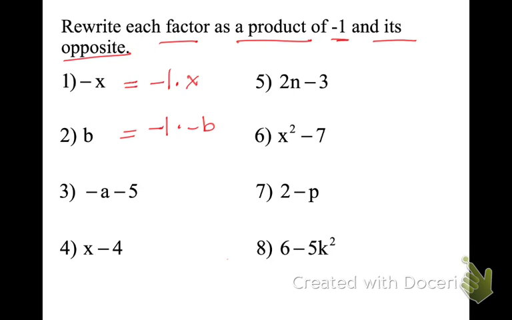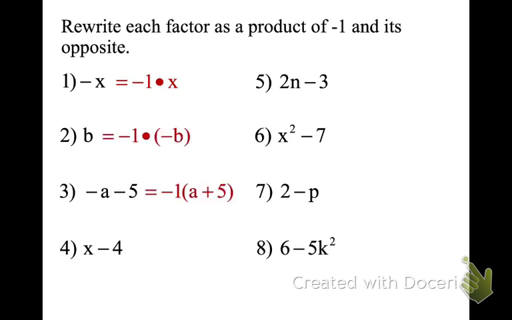So -1 times the opposite, a plus b. We just write negative. What would the next one be? Also you don't simplify. What would the next one be? Cameron? -1 times negative x equals 4.